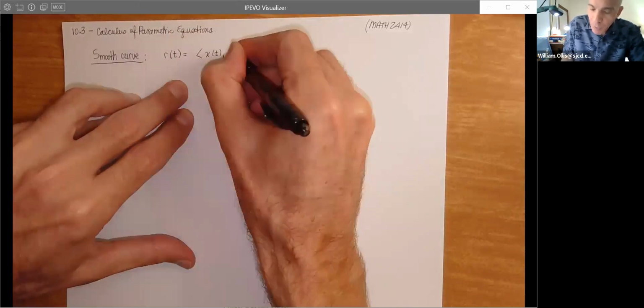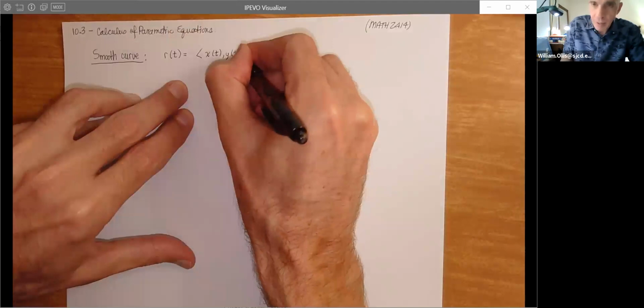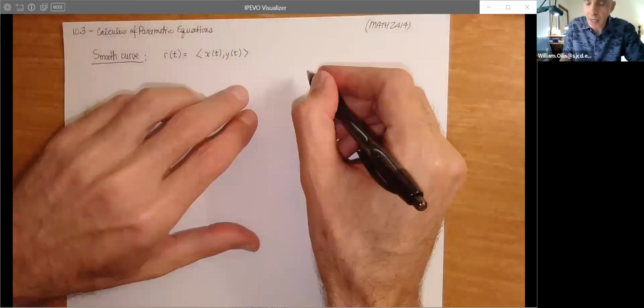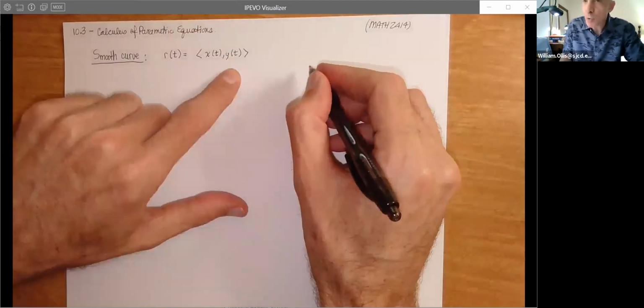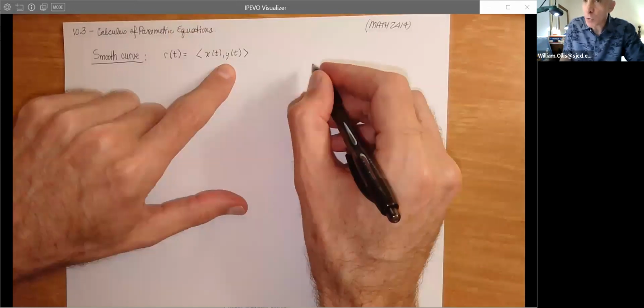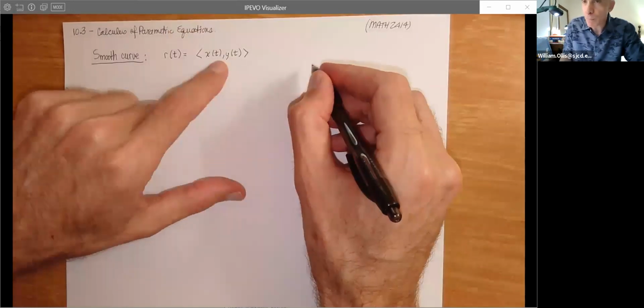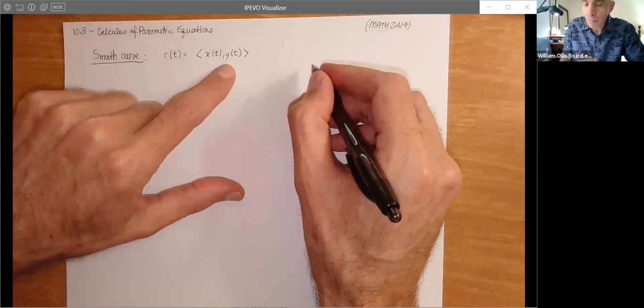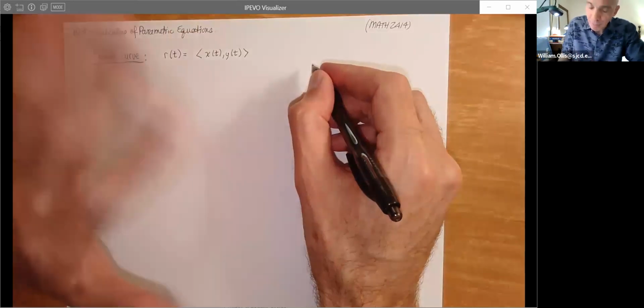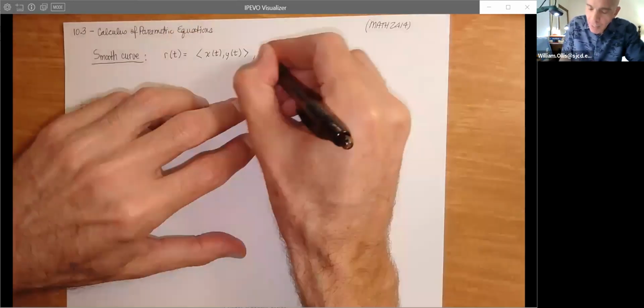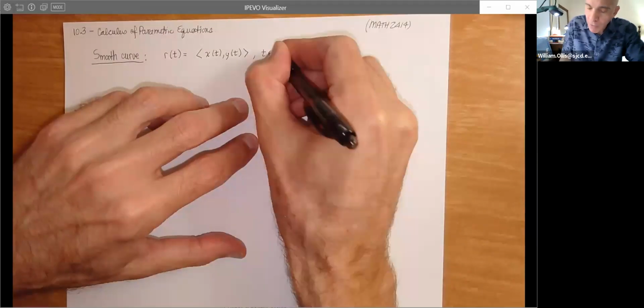Now, sometimes we use thetas. You can use any letter you like, and the t's are very convenient. I like the t's because they're probably easier to write, but it's your choice. And so we would have t in some parameter interval.